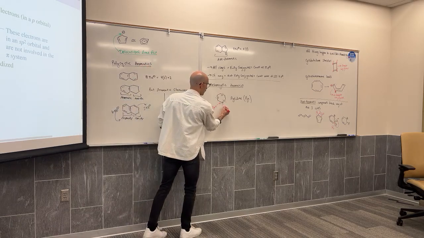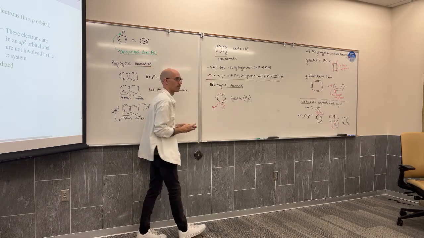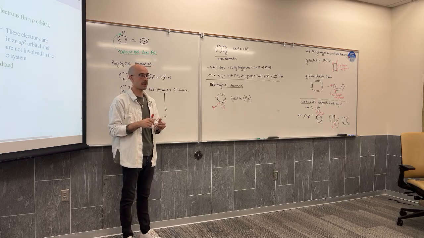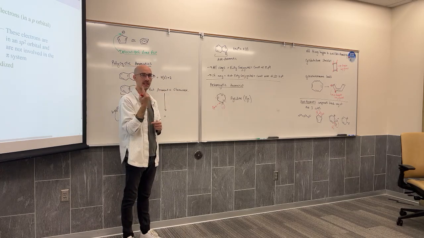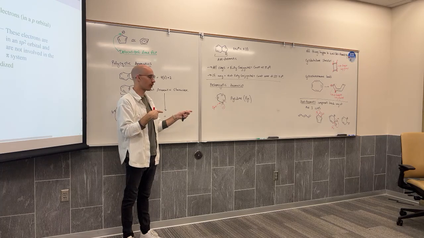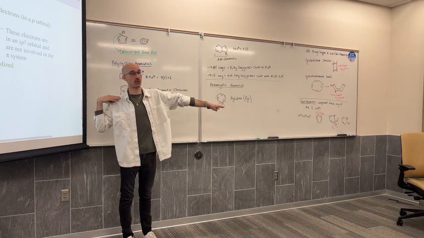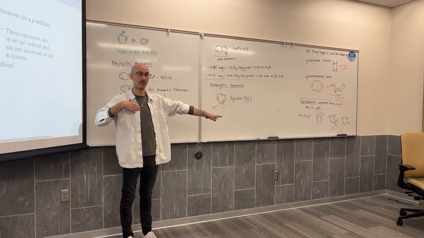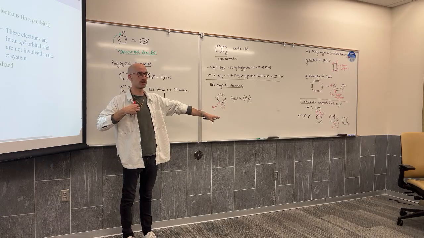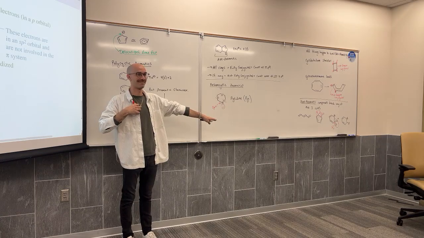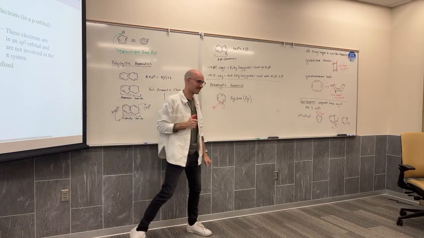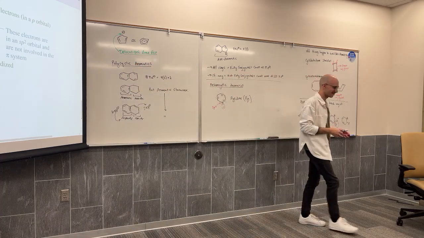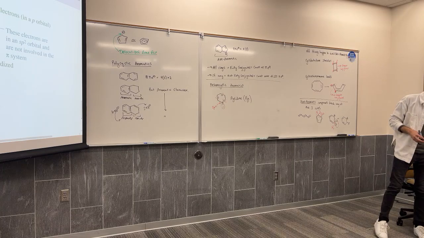But what about this pair right here? Is that pair in the p orbital engaged in aromaticity? Or is that lone pair in a hybridized orbital, perpendicular to the plane of aromaticity? What tells you that? Because if not, it would be anti-aromatic.